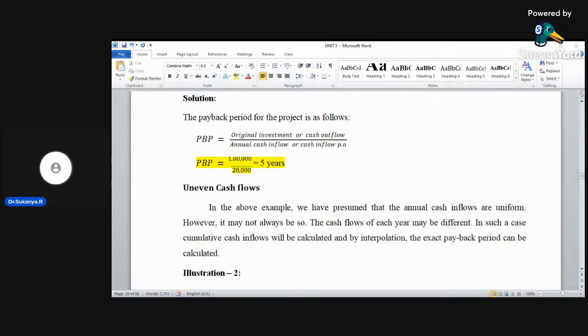That means in the first year, a particular project may give you 6,000 rupees, in the second year 8,000 rupees, third year 10,000, fourth year 5,000, and so on. There is a variation between the first year, second year, third year, and fourth year cash inflows respectively. All of you keep that in mind. Now let us start with the problems particularly pertaining to uneven cash inflows.